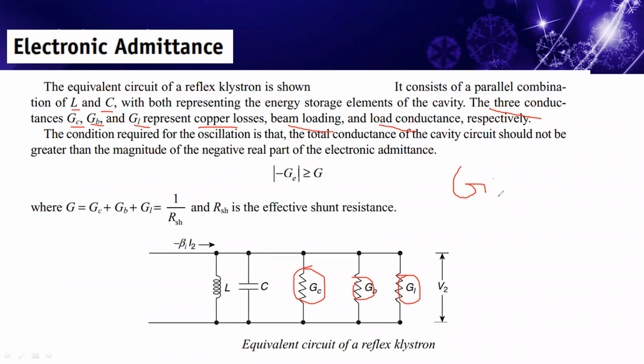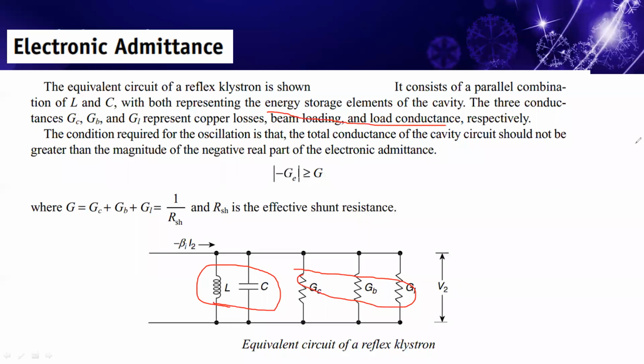So three conductances: beam loading conductance, copper loss conductance, and load conductance. Clear? Here I am taking three conductances in parallel combination, and apart from them L and C are the energy storage elements. This is the way to represent the equivalent circuit for the reflex klystron.